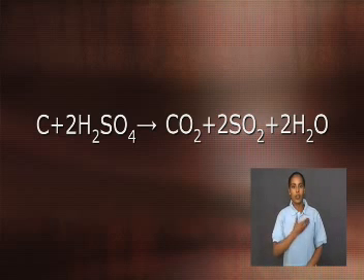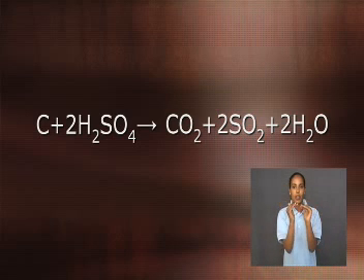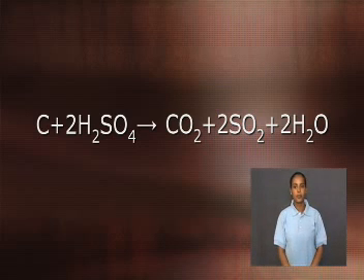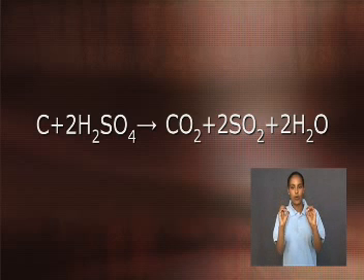We know the equation is balanced because the number of atoms on the reactant side is equal to the number of atoms on the product side. Also, the net charge is 0 on each side.